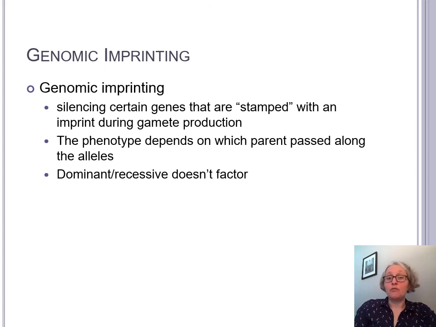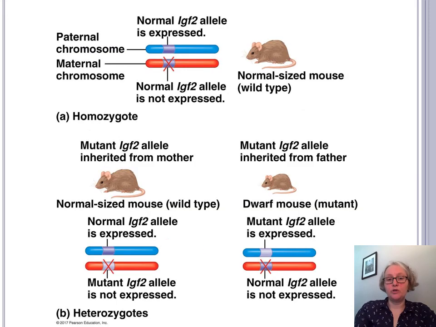This is a very small fraction of genes that this happens to, and these are usually early embryonic type genes. We're going to look at an example on the next slide of a gene that's a growth gene. If you get the dominant allele, you are going to be normal sized. If you get the recessive allele, you're dwarf sized. We're going to look at how genomic imprinting plays out. So here we go.